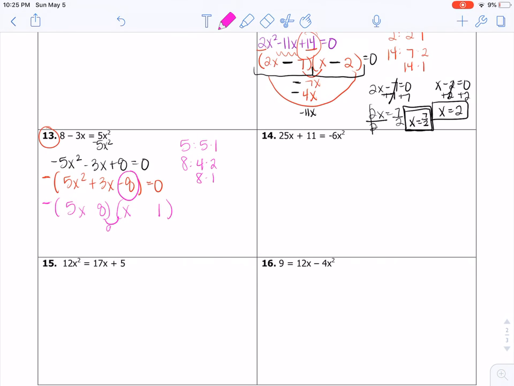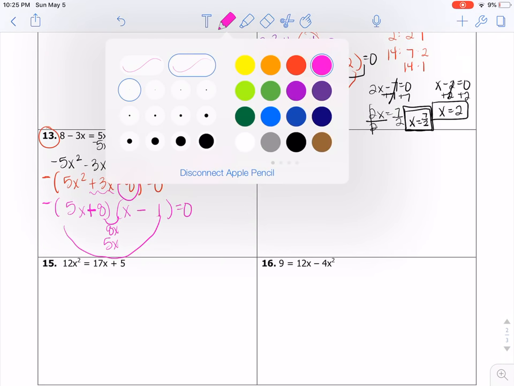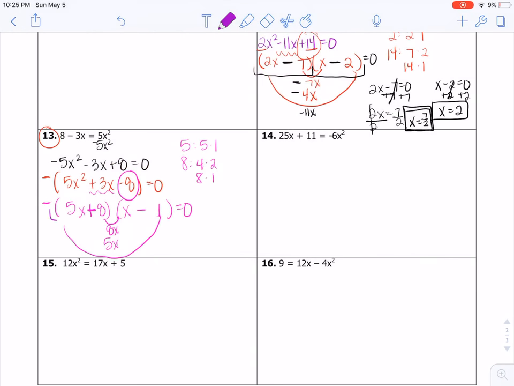So now I have 8x and 5x. Well, if I keep the sign of my bigger number, my 8 has to be positive, my 1 has to be negative. Still set equal to 0. And so if I go ahead and set each part equal to 0.